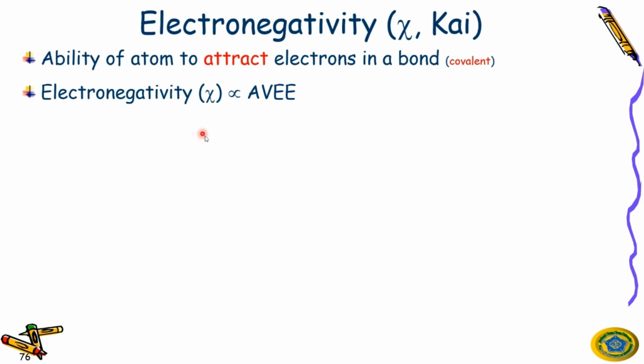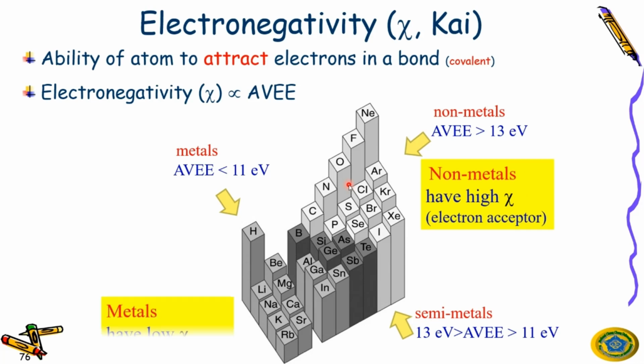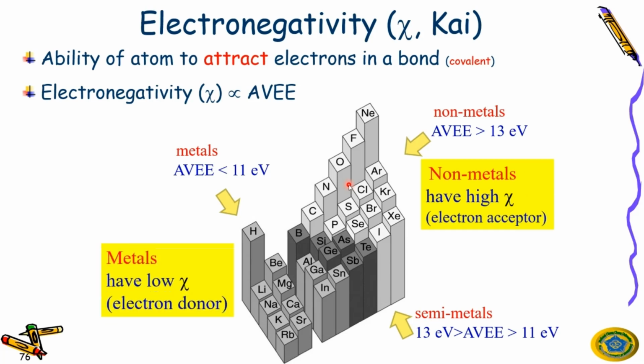So in this case, the value of the electronegativity will be high for non-metals, and low for metals. Okay? Remember? Non-metals have high chi, and metals have low chi.